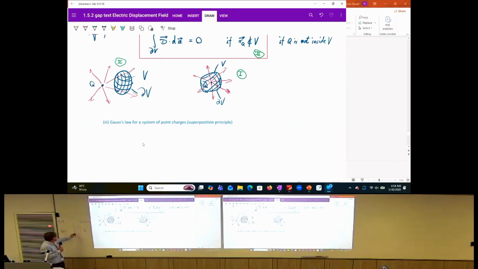Just if you look at this example, if you were here making your boundary just like that, and you were integrating here over the D field, it is working because the D field is material independent.